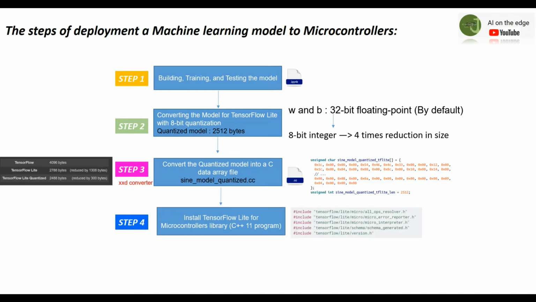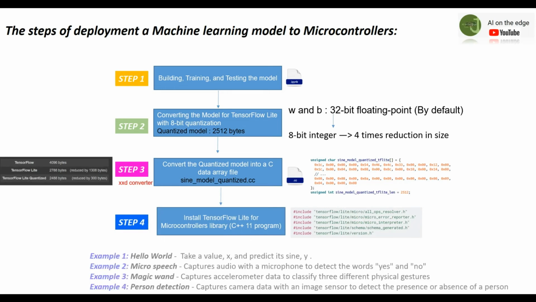So basically we will use the TensorFlow Lite library for microcontrollers. There are 5 libraries which we need to import, and then we can easily use this function for prediction and also classification as well.